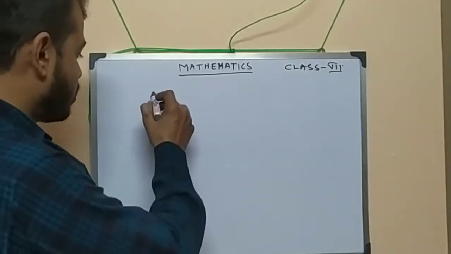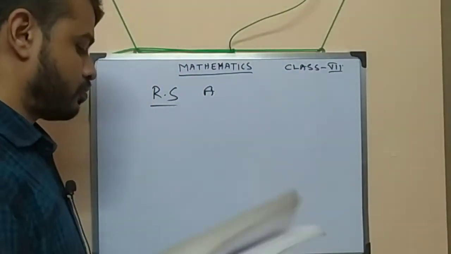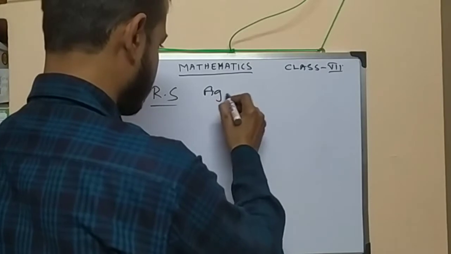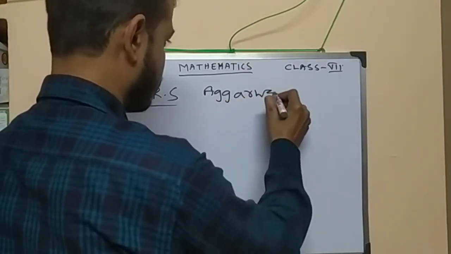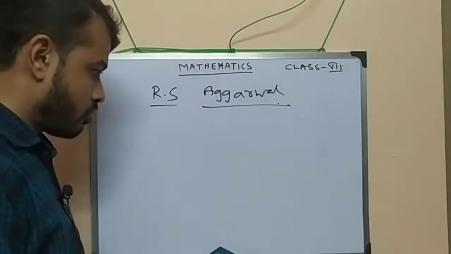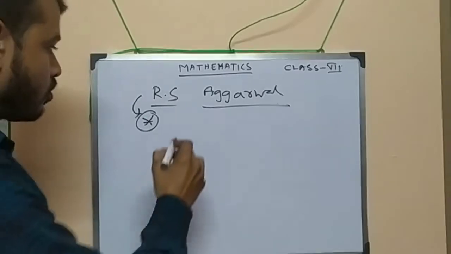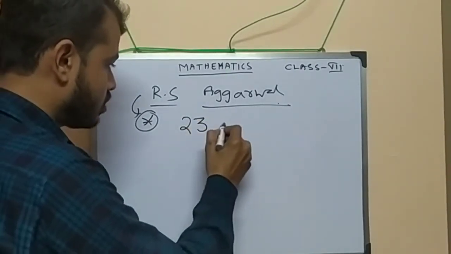So in class 7, from the R.S. Agarwal book, Mathematics for Class 7, we learn from this book. Here there are a total of 23 chapters.